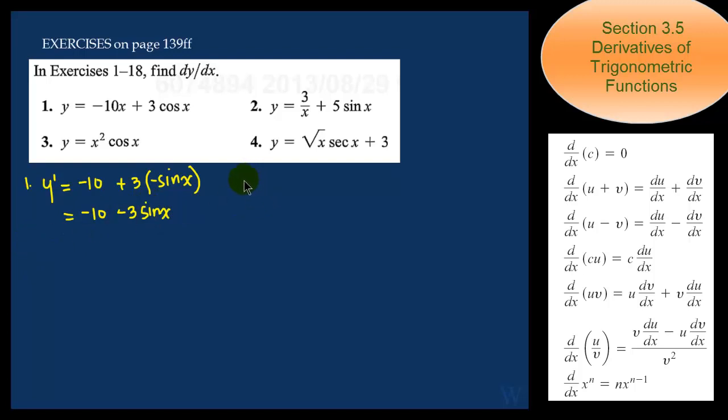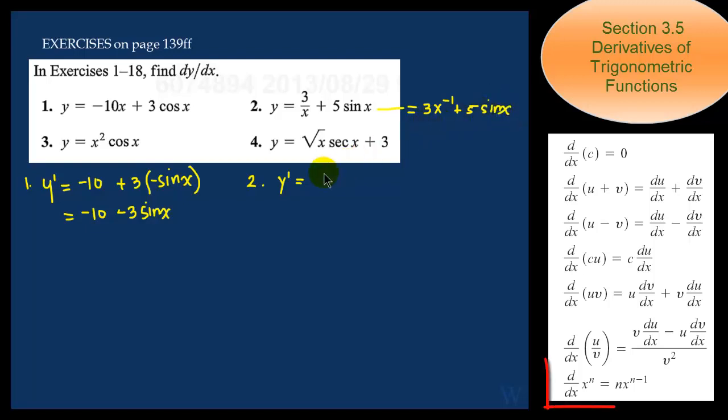number 2? For number 2, y prime would be equal to, first of all, let's see if we can rewrite this as 3 times x to the negative 1 plus 5 times sine of x.